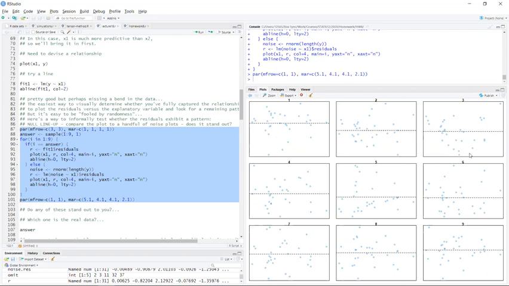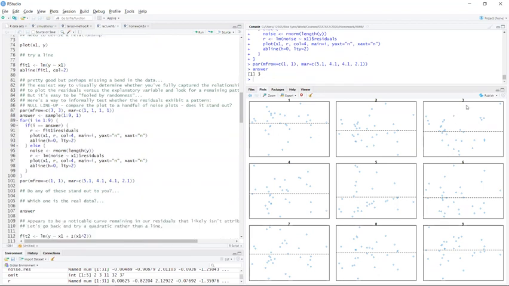Not to say that striking is necessarily the right word. This isn't super striking, but it stands out a bit. So then I ask, okay, which one of these is my real data? And I've got that saved as answer here. 3. Okay, so I look at 3, and that's the one that I said stands out a little bit more than the rest.